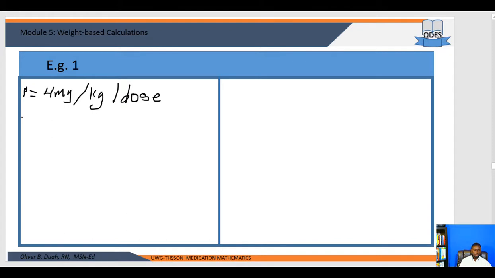We also know our weight, which is 69 pounds. Write this one.